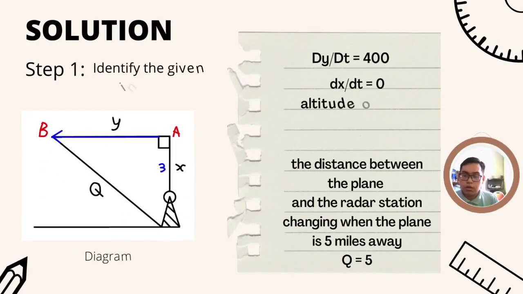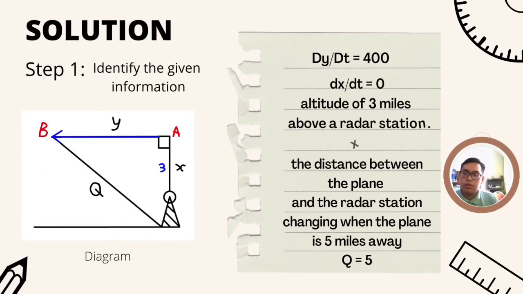So the first step, we are going to identify the given information. On the left side there's a diagram that we will draw. We have 400 mentioned in the question, 400 miles per hour. So it will be our dy/dt, and dx/dt is 0 because the altitude above the radar station is not changing.